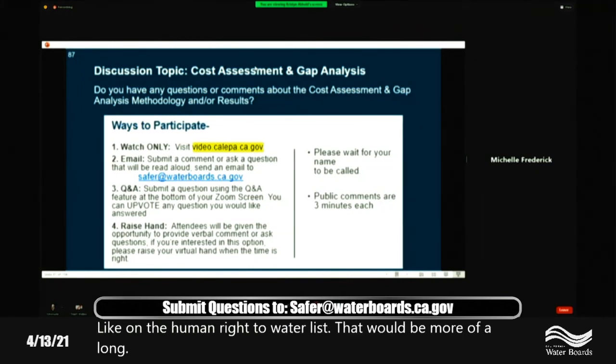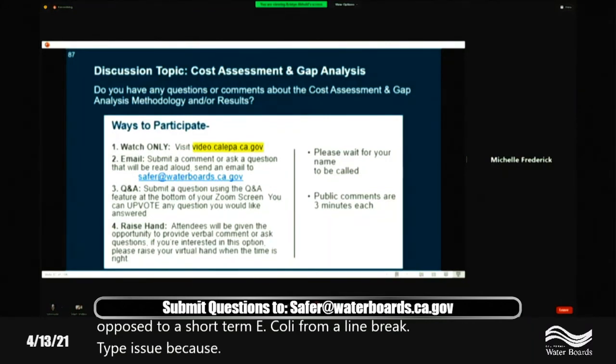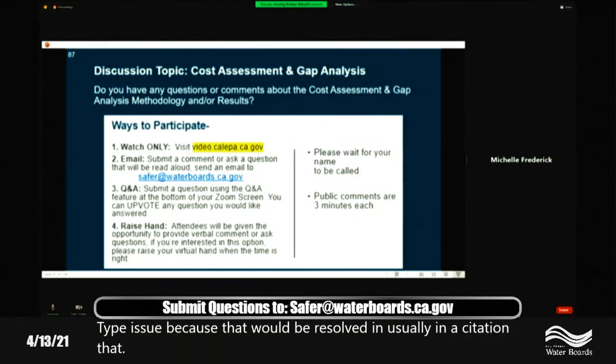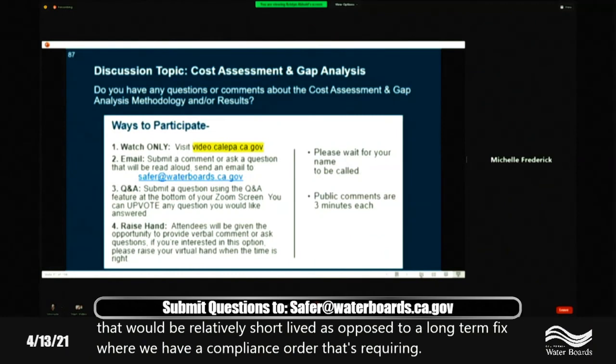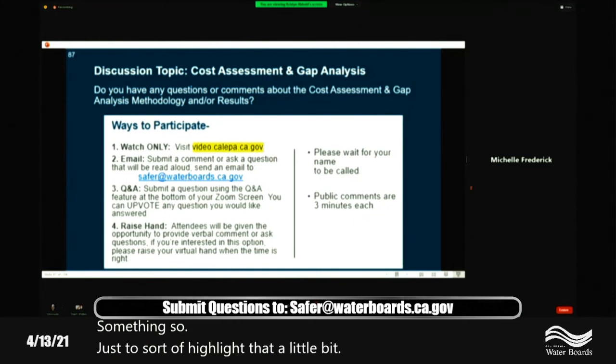It would be more of an E. coli source issue as opposed to a short-term E. coli from a line break type issue, because that would usually be resolved in a citation that would be relatively short-lived, as opposed to a long-term fix where we have a compliance order that's requiring something. So just to highlight that a little bit while you're waiting for Jasmine.